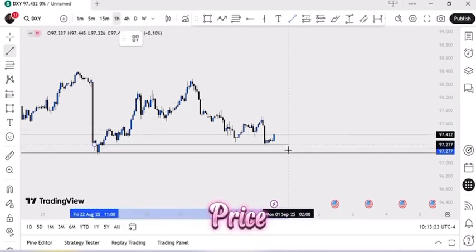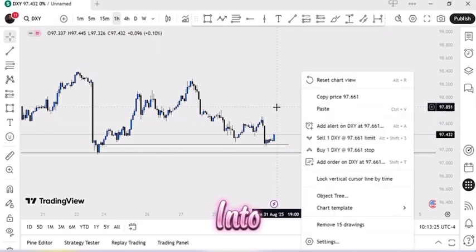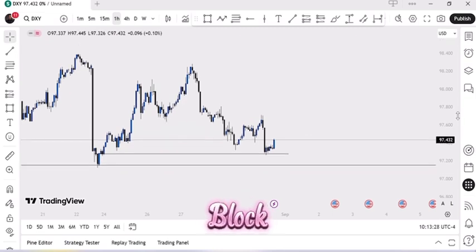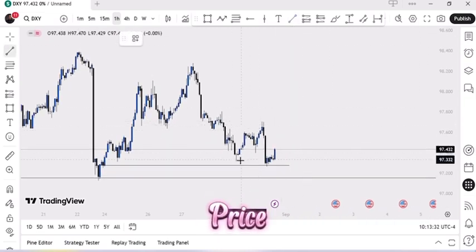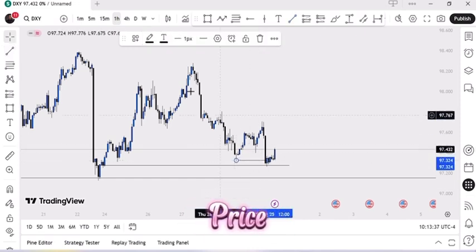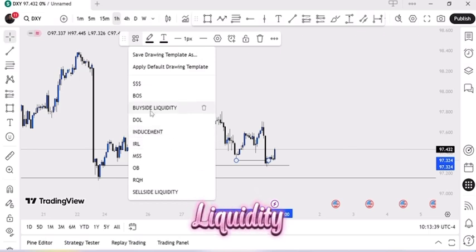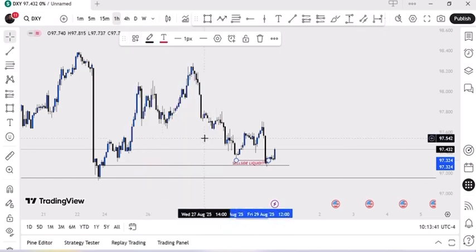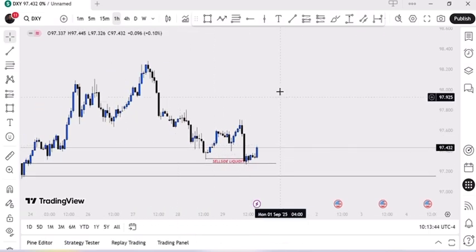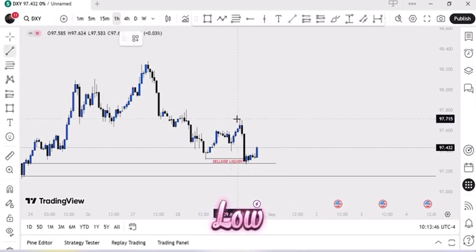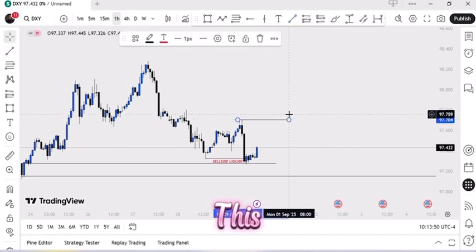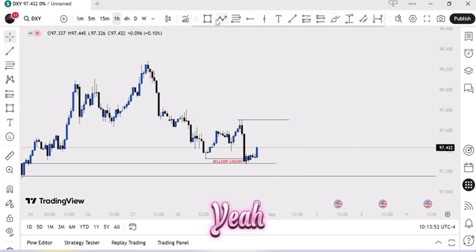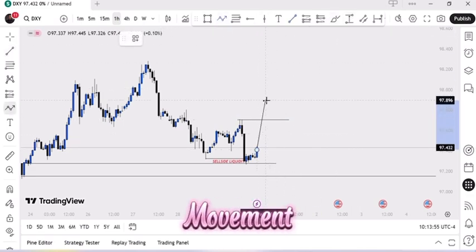I'm seeing price trading into this other block right here on the 1 hour time frame, and then price clearing liquidity below this low, clearing sell side liquidity below this low. I'll be waiting to see price close above this high here for me to confirm the bullish movement on the 1 hour time frame.